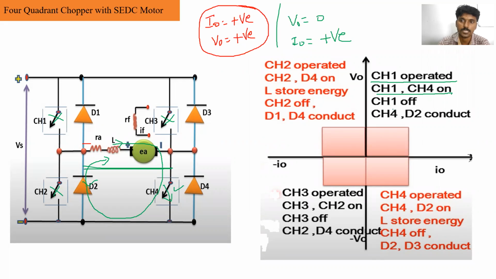When switch 1 is off, switch 4 and D2 conduct, so it still operates in the first quadrant. Clear?